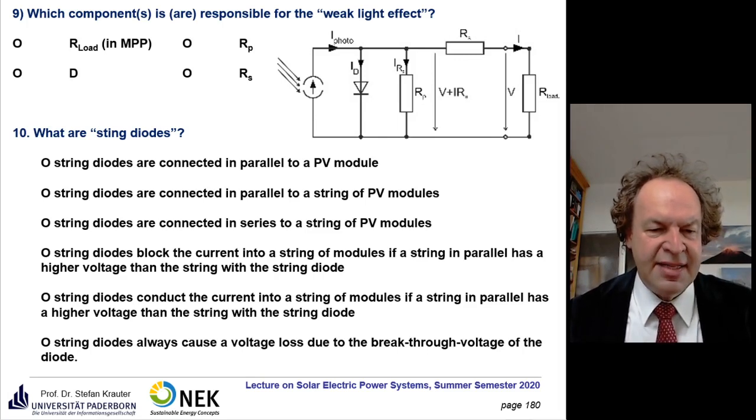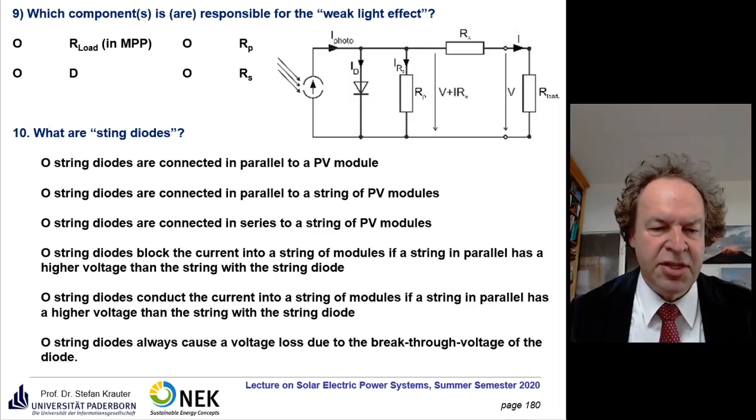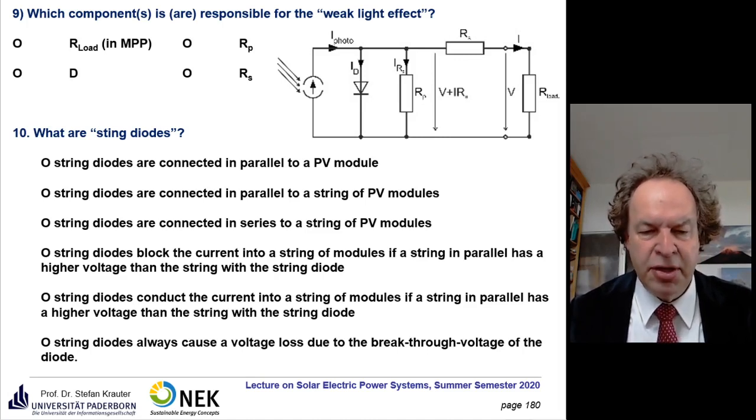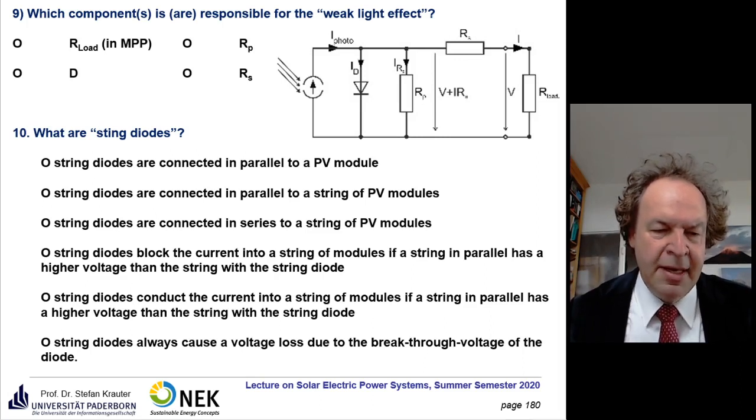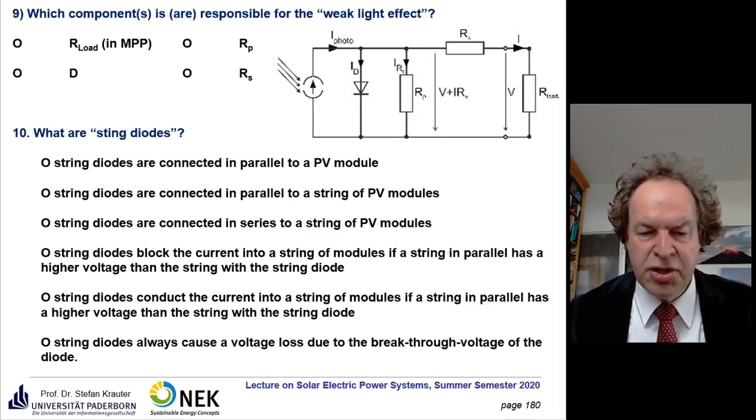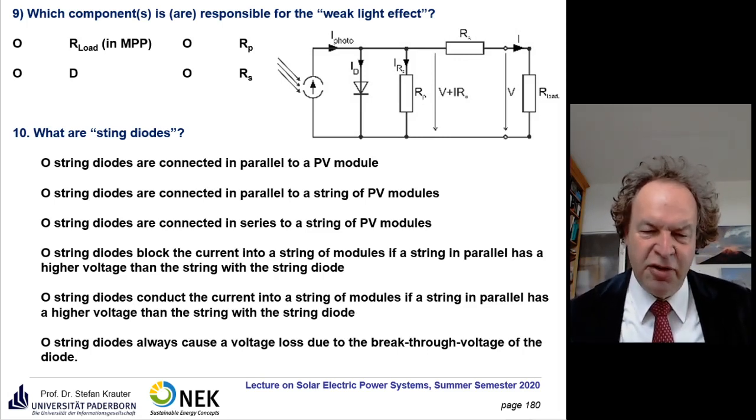String diodes block the current into a string of modules if a string in parallel has higher voltage than the string with the string diodes, or string diodes conduct the current into a string of modules if a string in parallel has a higher voltage than the string with the string diodes, or string diodes always cause a voltage, could be both, or string diodes always cause a voltage loss due to the breakthrough voltage of the diode.